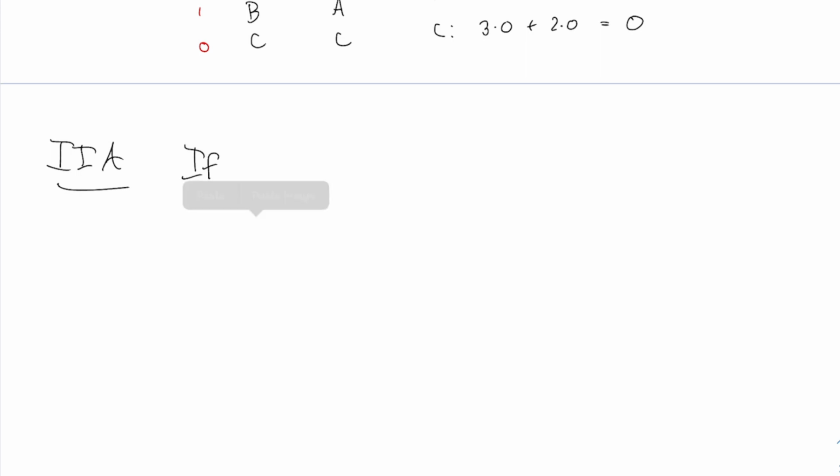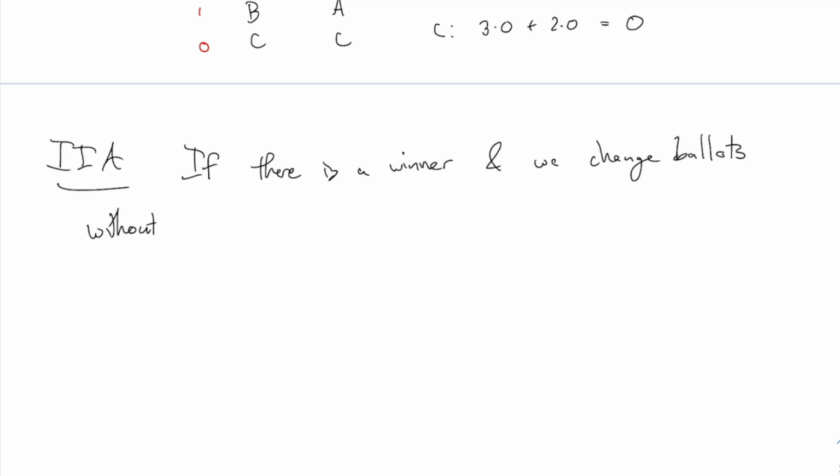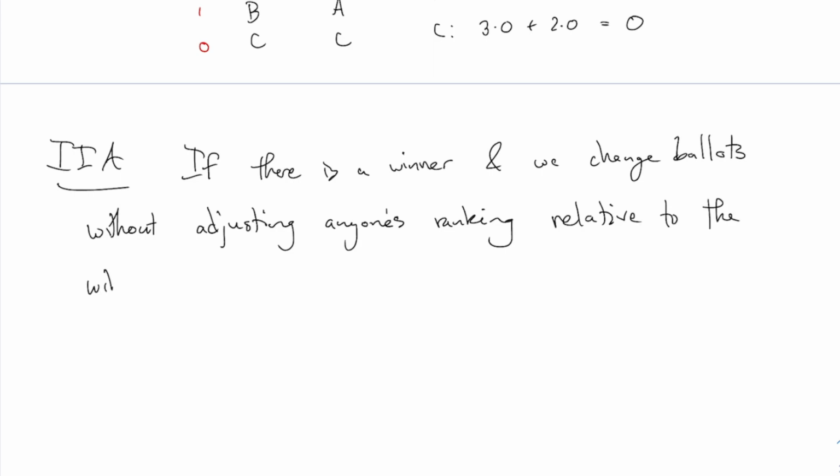What it says is, if there is a winner, and I don't want to deal with ties or whatever, and we change the ballots without adjusting anyone's ranking relative to the winner, that is, all we're doing is shuffling the losers around, then the results won't change.